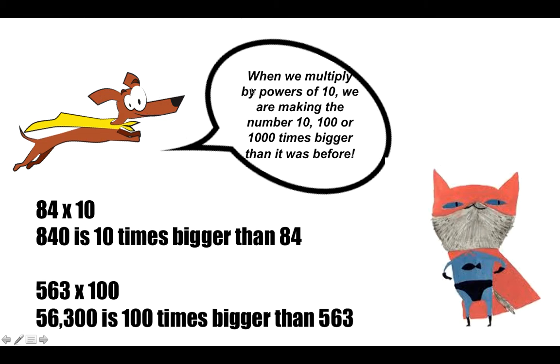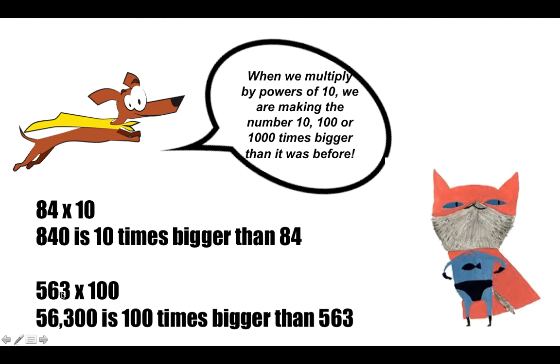Super Salchicha says, when we multiply by powers of 10, we are making the number 10, 100 or 1,000 times bigger than it was before. We're not just adding zeros. Let's look at our examples. So 84 times 10, we know is 840. 840 is 10 times bigger than 84.